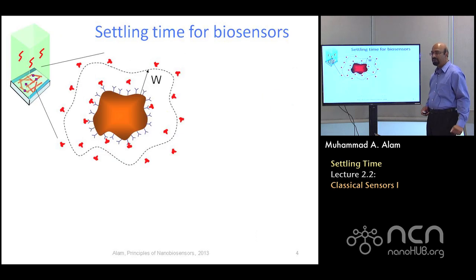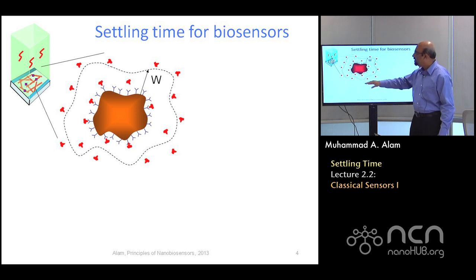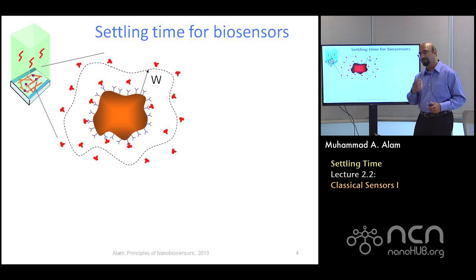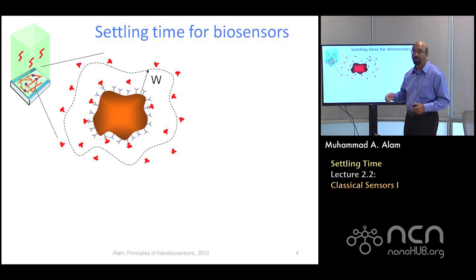So let's think about a sensor in the simplest way. Let's consider a sensor immersed in a fluid volume, having a random shape, and the Y-shaped molecules are the receptors which will catch the biomolecule from the solution. This could be, for example, an antibody for proteins, or it could be the receptor DNA, if the red molecules are the DNA fragments themselves so that they can catch each other.